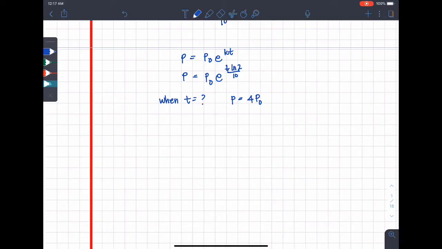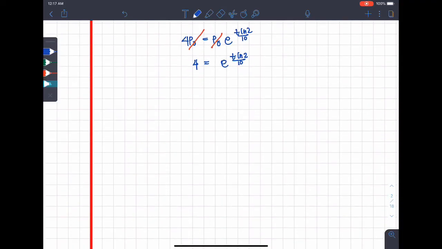Using our equation, P is 4 P sub 0, equal to P sub 0 e raised to t ln 2 all over 10. Similar to what we did before, P sub 0 can be taken out from our equation, leaving us 4 equal to e raised to t ln 2 all over 10.